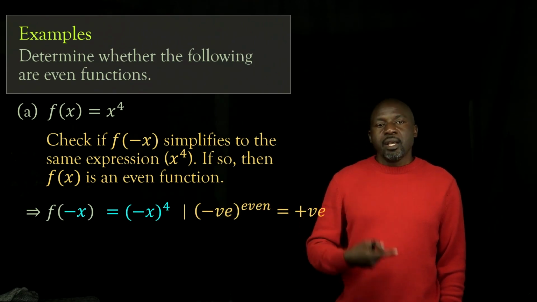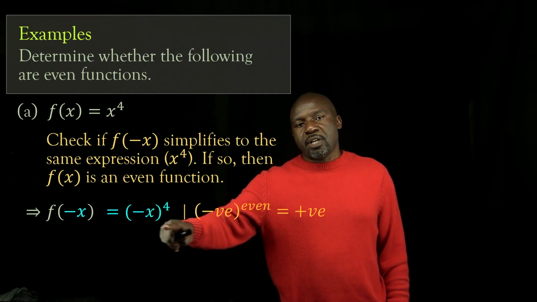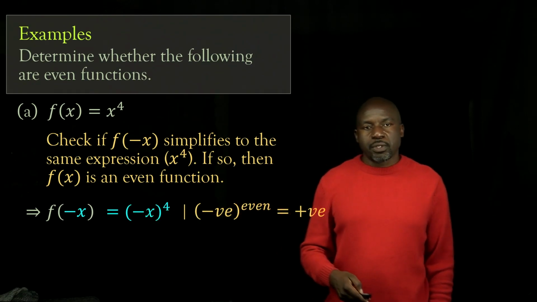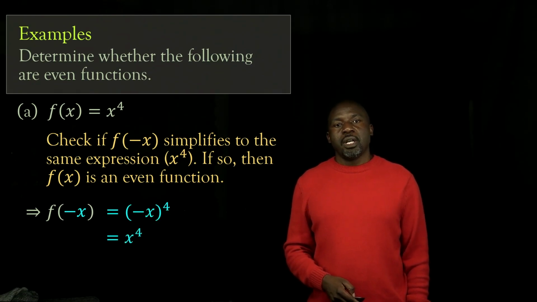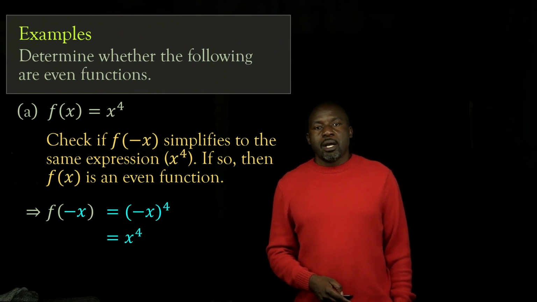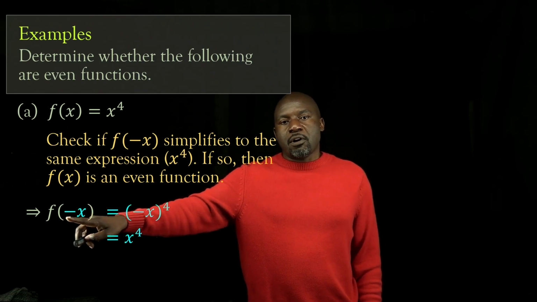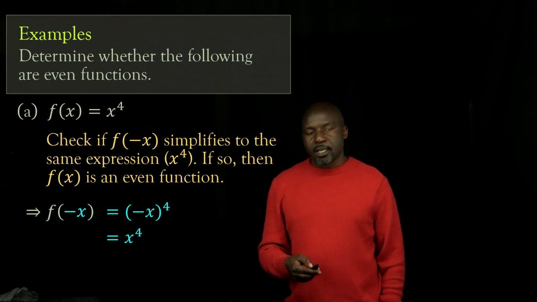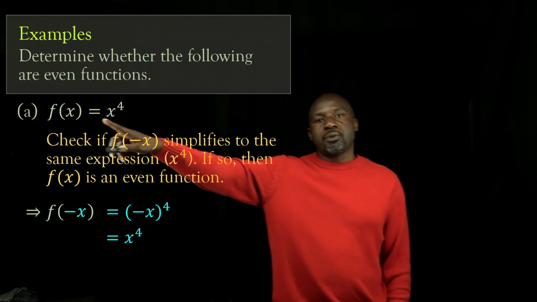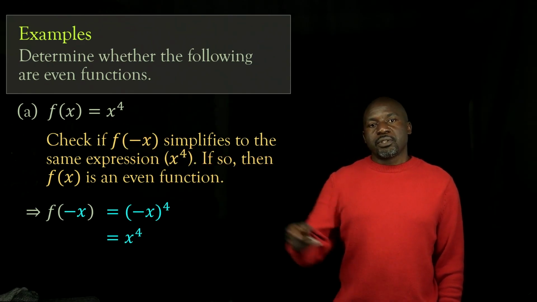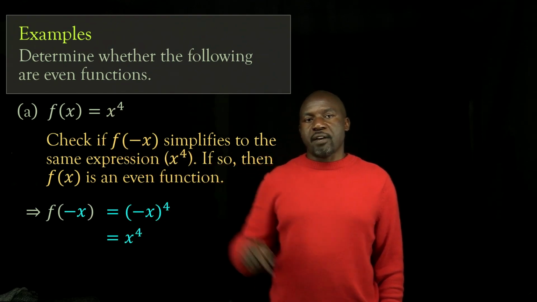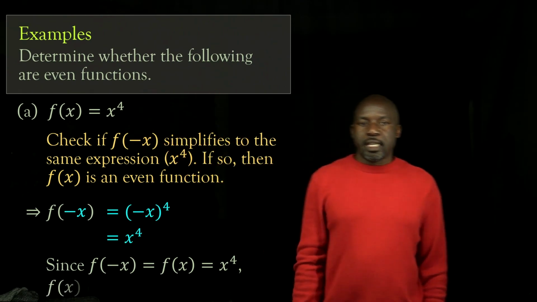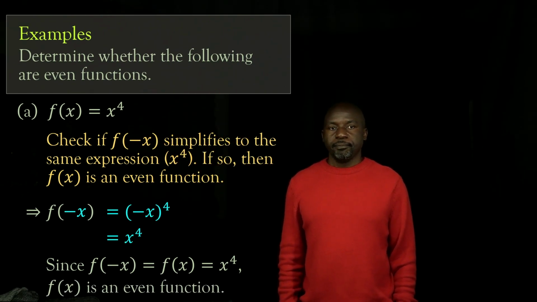Now, reasoning from that, whatever the value of x is here, our answer is going to be positive. So this is going to be equal to x to the power of 4. In other words, f of negative x equals x power 4, and that means this is equal to f of x there. So since f of negative x is equal to f of x, we can conclude that the function f of x is an even function.